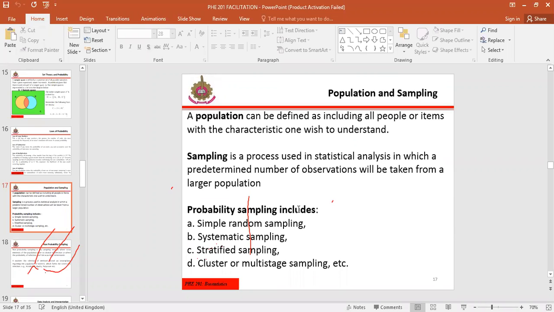I may decide to categorize you into states, sampling based on the state each and every one of you came from. I can say, let me pick from Lagos State, people offering PhD 201 from Lagos State, like two or three. People from Oyo State, from Kaduna State, from Enugu State, and so on and so forth. That is what we mean by systematic sampling.